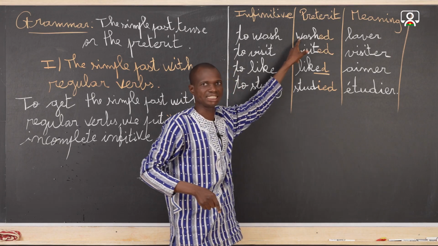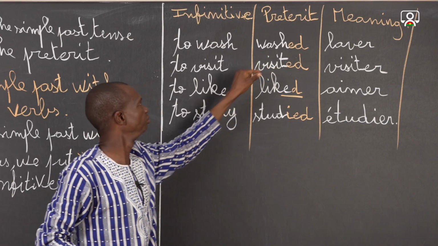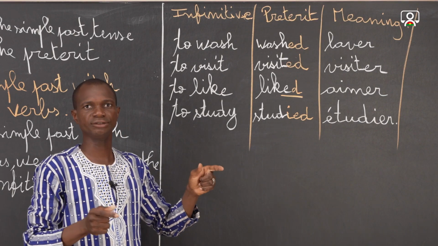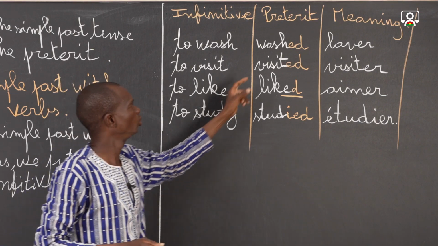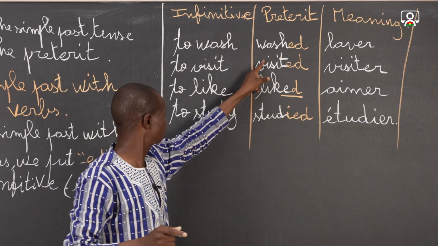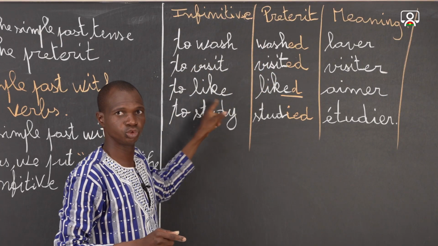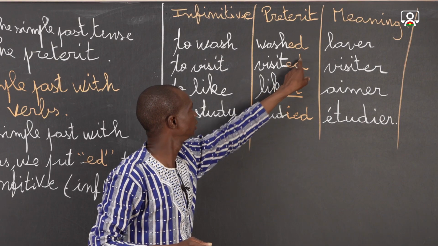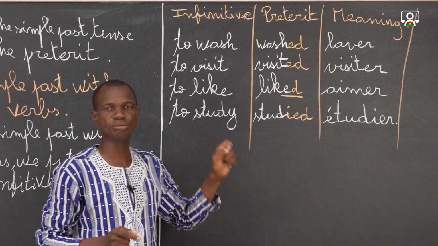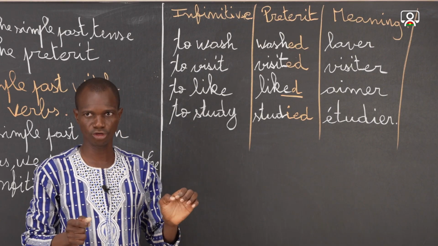Normally, we must not see the to here. If we put to here, then it means that we use the complete infinitive. That's why we say that we use the incomplete infinitive. The incomplete infinitive is the infinitive without the to, and we put ed to it in order to get the simple past of the regular verb. This is the rule of formation.